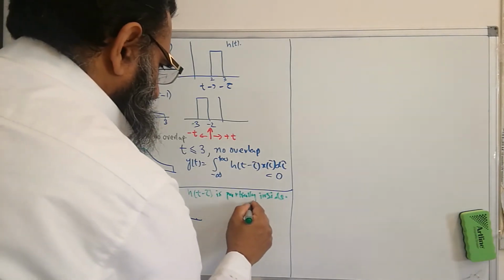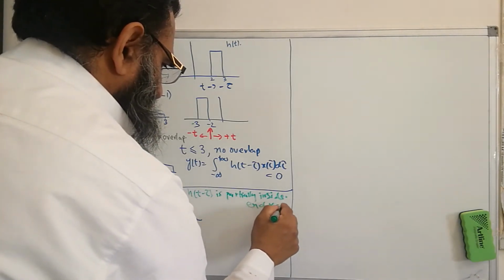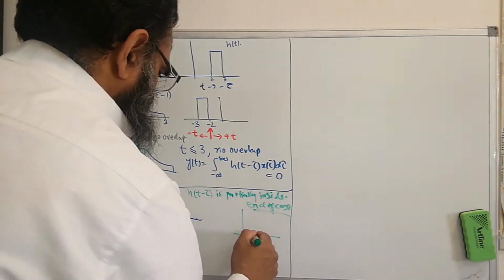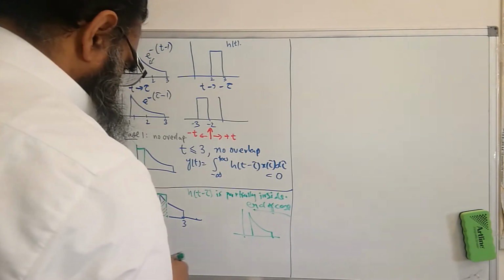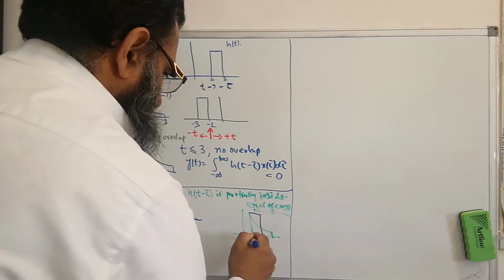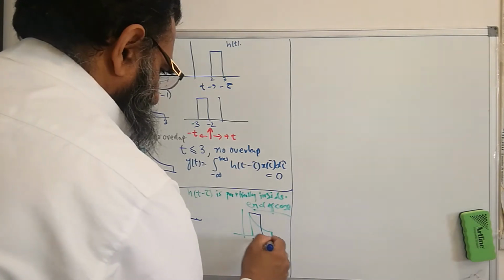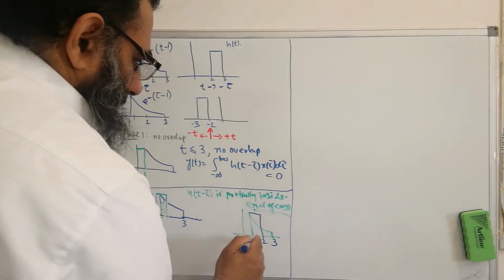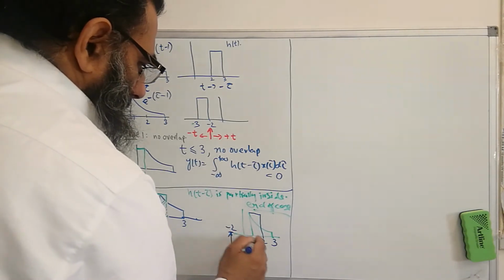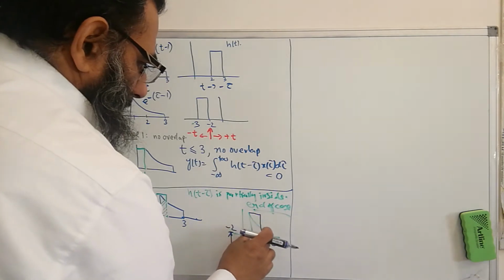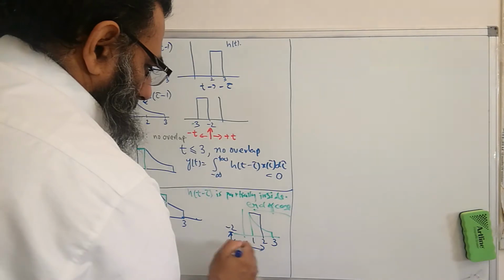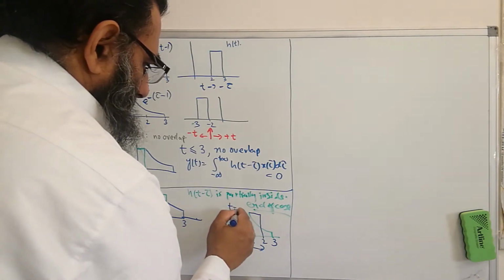And I can draw the end of this case, in which this is fully inside. So this is 1 and 2 and 3, because the width is 1. The time when it is fully inside is 4. So this is t equal to 4.